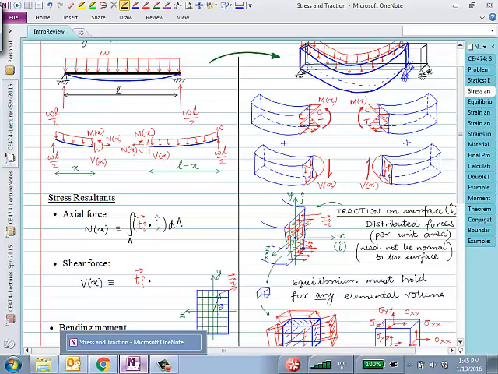And since I'm looking at the left side body, and our convention for the left side body is that shear force pointing down is positive, then I'll take a dot product of this T with minus J to get a positive shear force. So dot product with the minus J unit vector, and then integrate it again over the area dA, and that gives me the shear force.